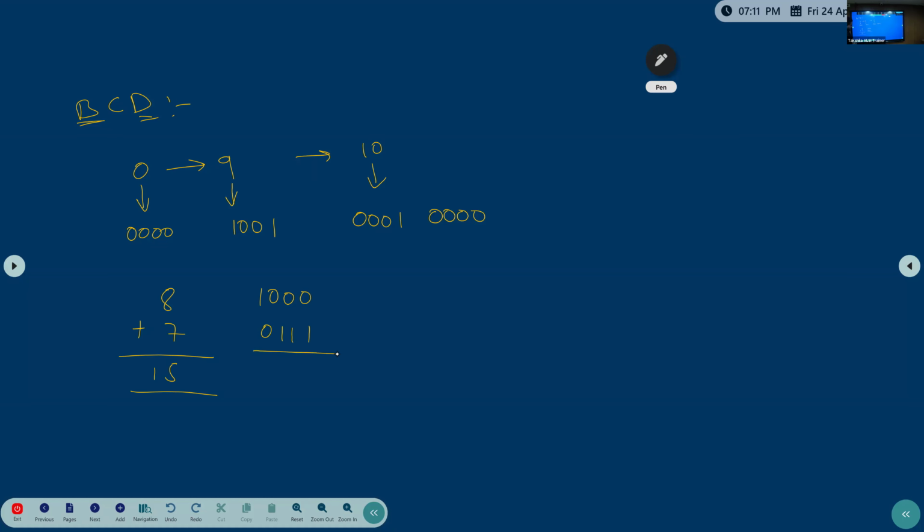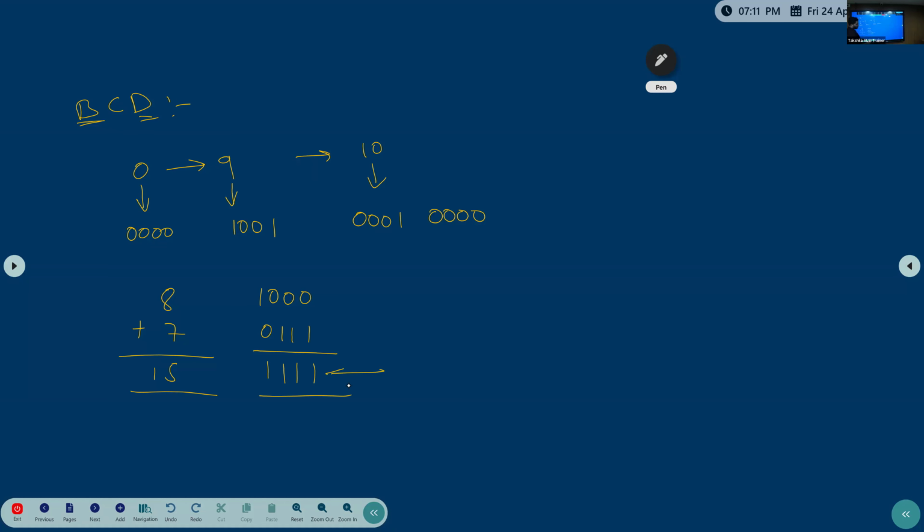Okay. These both will be added. Any carry? No. The sum is 1 1 1 1. Is this in BCD format? No.